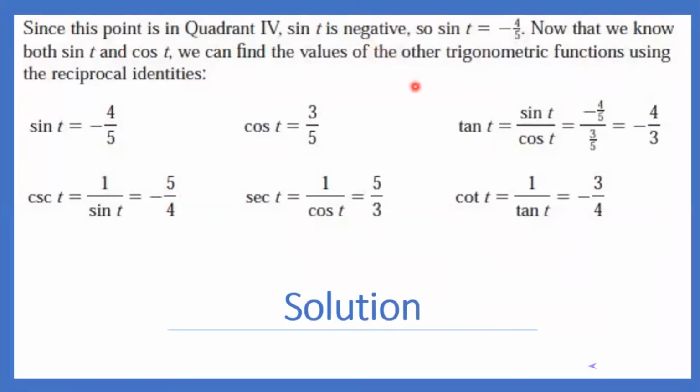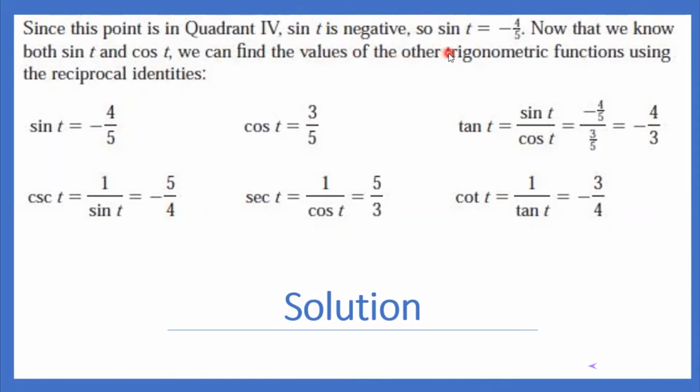Do you still remember the signs of each coordinate? If the point lies in quadrant 4, the x-coordinate is positive and the y-coordinate is negative, which corresponds to sine t, right? So since the point is in quadrant 4, the sine t is negative.